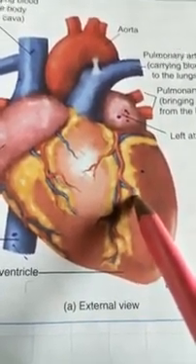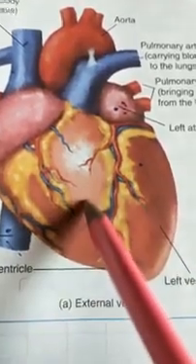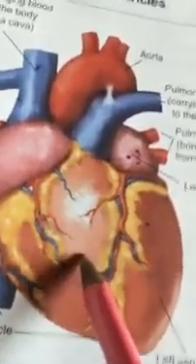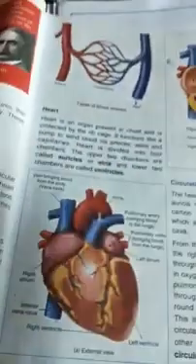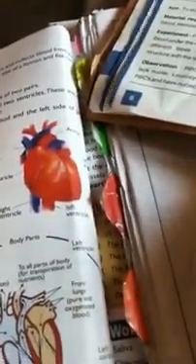Now let's see the color of the heart. You can see the color of the heart is reddish brown. It is the size of a human fist in an average adult. So my heart will be my fist size. If you keep your fist like that and draw, let's see what we get.